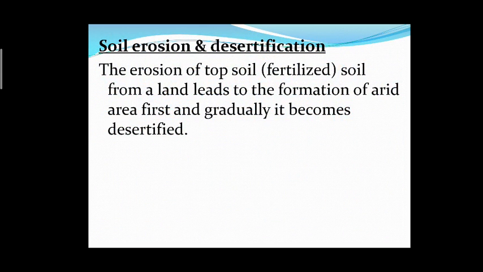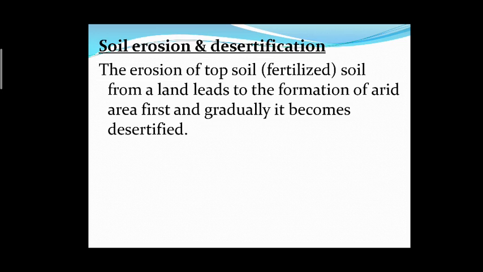Then the next topic is soil erosion and desertification. The erosion of topsoil, that means fertilized soil from a land, leads to the formation of arid area first and gradually it becomes desertified. That means the fertilized soil is present on the top area.